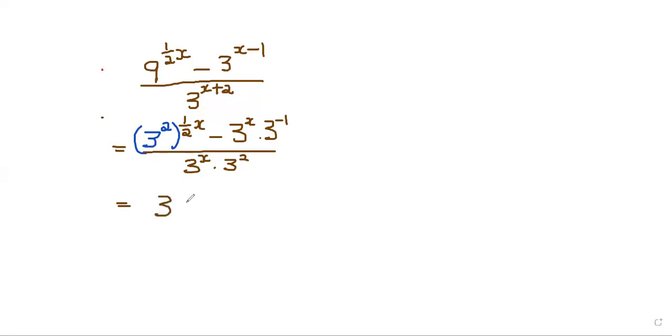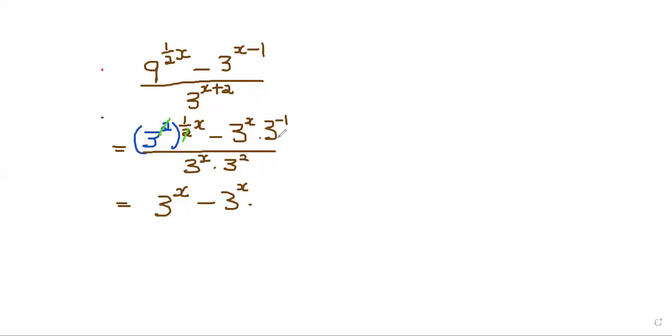Then you can actually see that these exponents are going to cancel. 2 will cancel 2. Then you're left with exponent x here, right? So it will be 3 to the exponent of x.